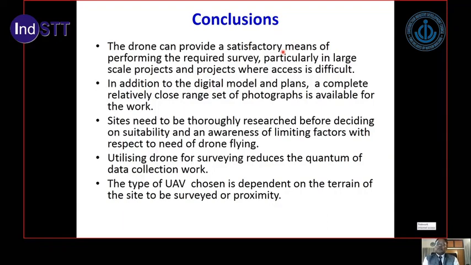So these laser-based technology and the drone-based technology, I would say, are the future of the country, where a lot of data could be collected with the least manpower very efficiently and very effectively for planning purpose, for monitoring purpose, etc. So that is all I wanted to tell about the advantage of this particular technology.